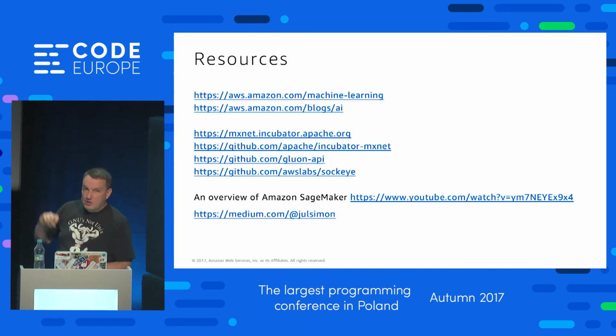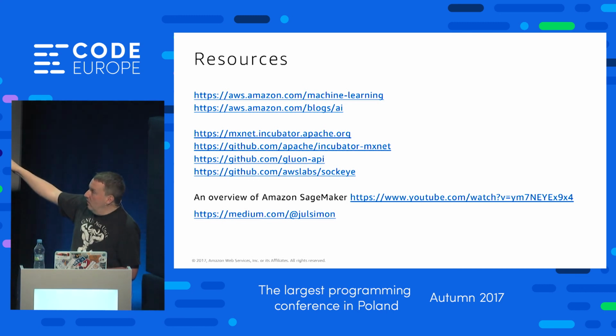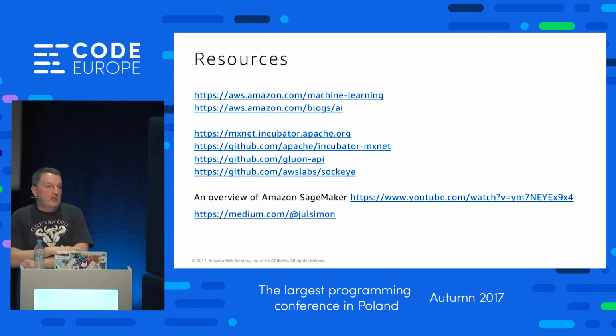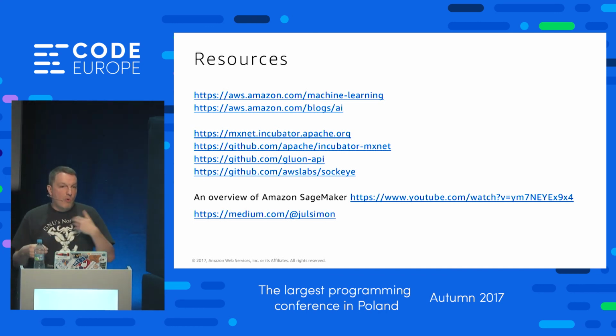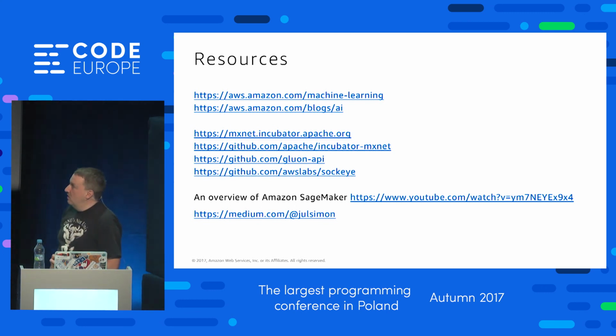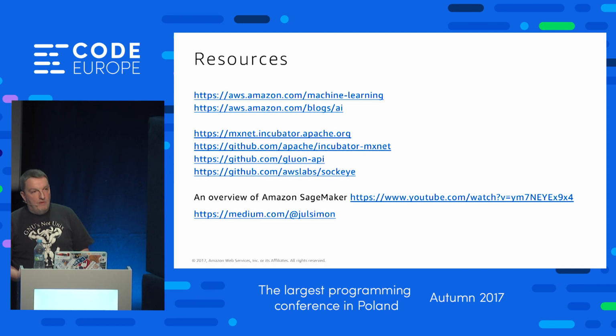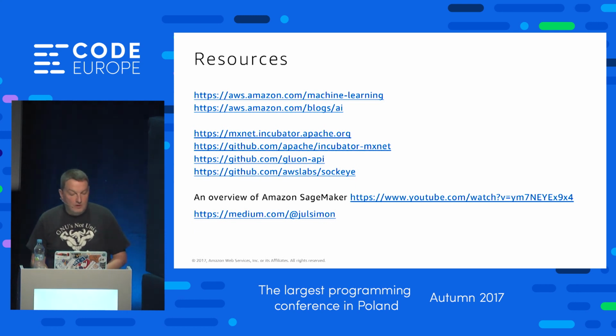The Sockeye project, if you want to do automated translation. I recorded a video here, which is an overview of SageMaker. It's a 30-minute walkthrough, going into a whole lot of details on SageMaker and how to use it. So that might be interesting to you. And last but not least, this is my blog on Medium, where I regularly post a lot of MXNet content and deep learning content. So if you're interested in this, feel free to read that.